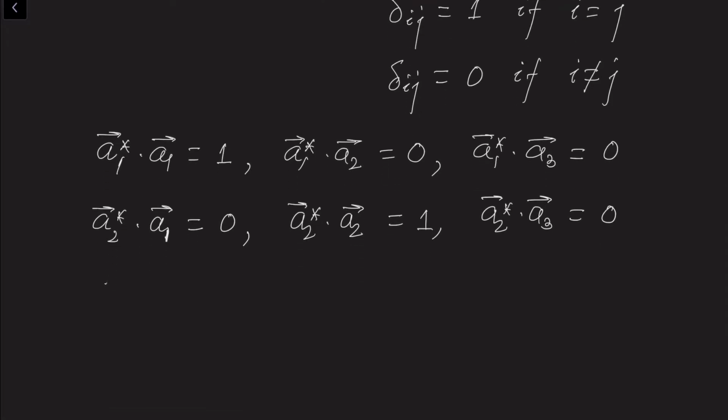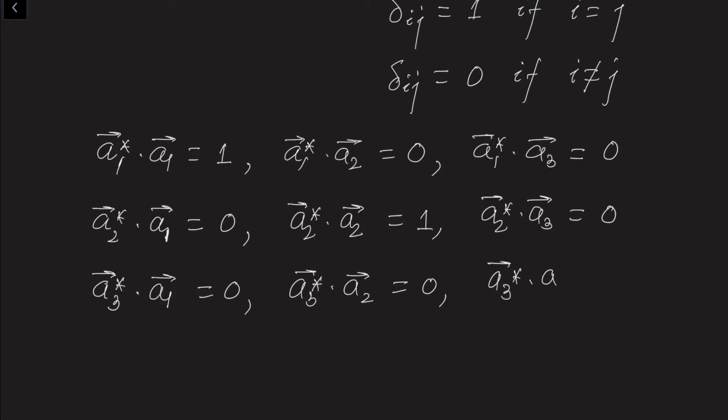And finally, the third row will be involving A3 star dot A1 is equal to 0, A3 star dot A2 is equal to 0, and A3 star dot A3 is equal to 1. So these 9 relations define the 3 primitive basis vectors of the reciprocal lattice A1 star, A2 star, and A3 star.